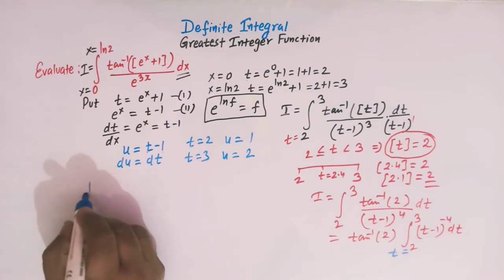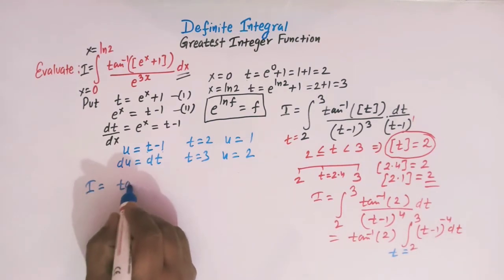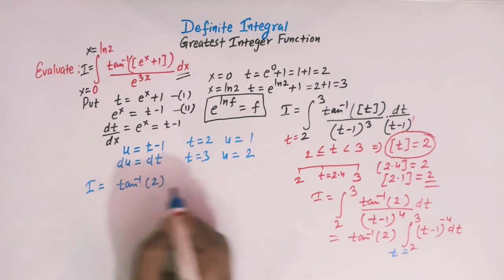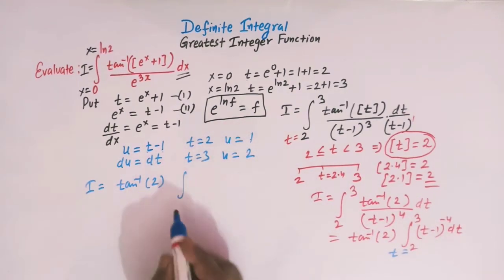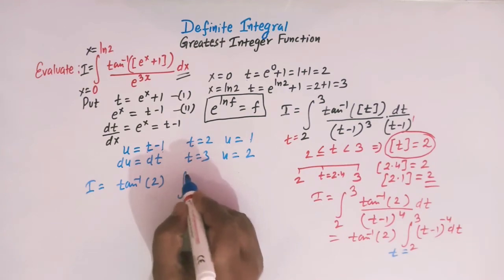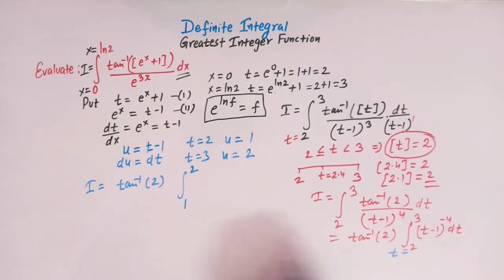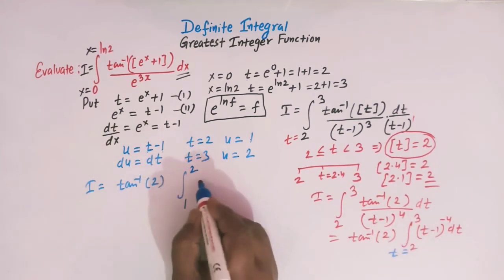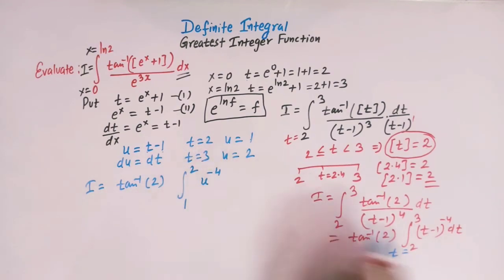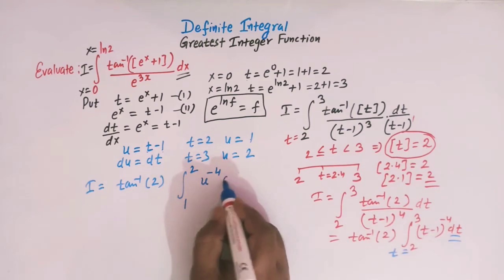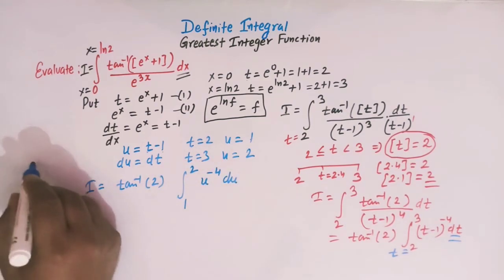So now I can be written as tan inverse of 2 times the integral from 1 to 2 of u raised to minus 4 du.